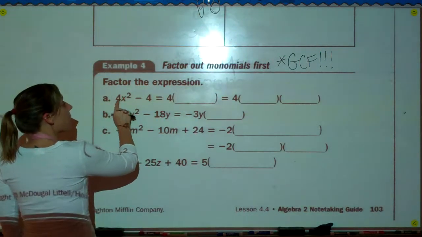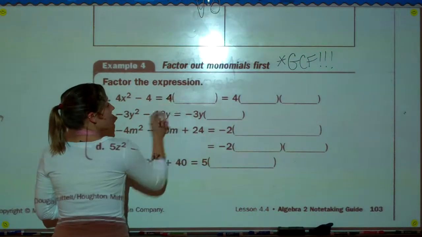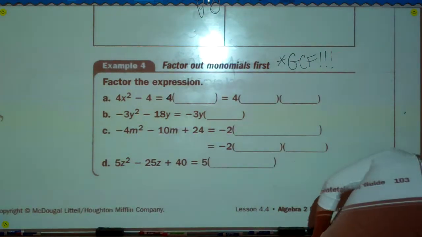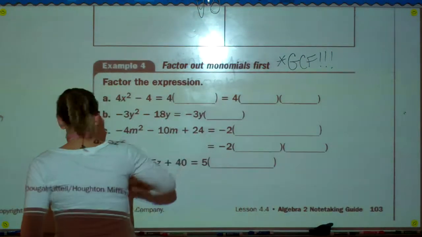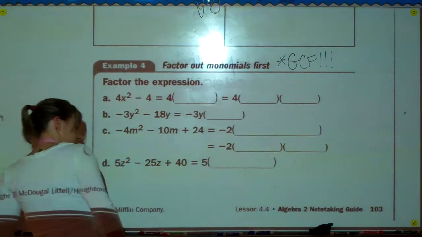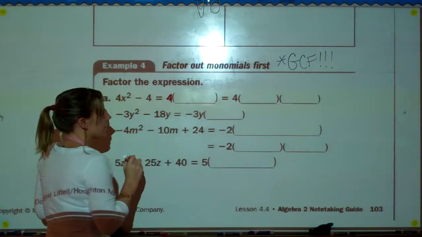So if you notice, both of these can divide by a 4. So that's why there's a 4 out front. Okay? Let me get a color instead. That's why there's a 4 out front. Okay?